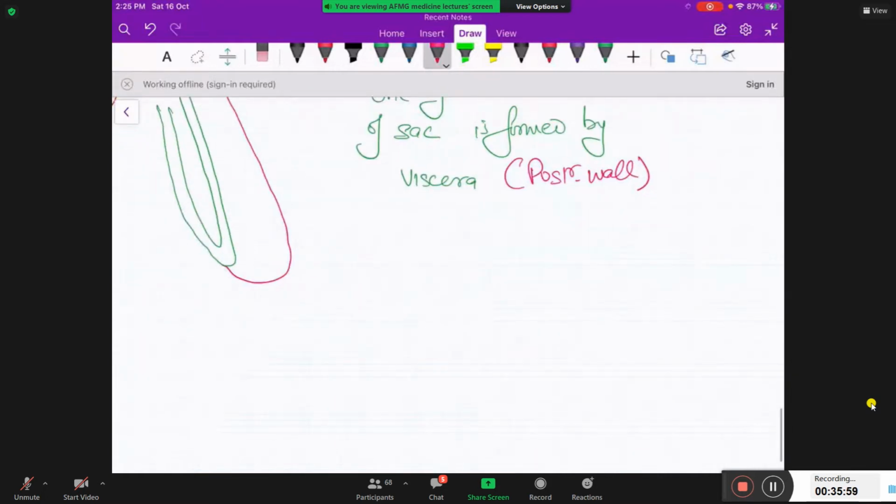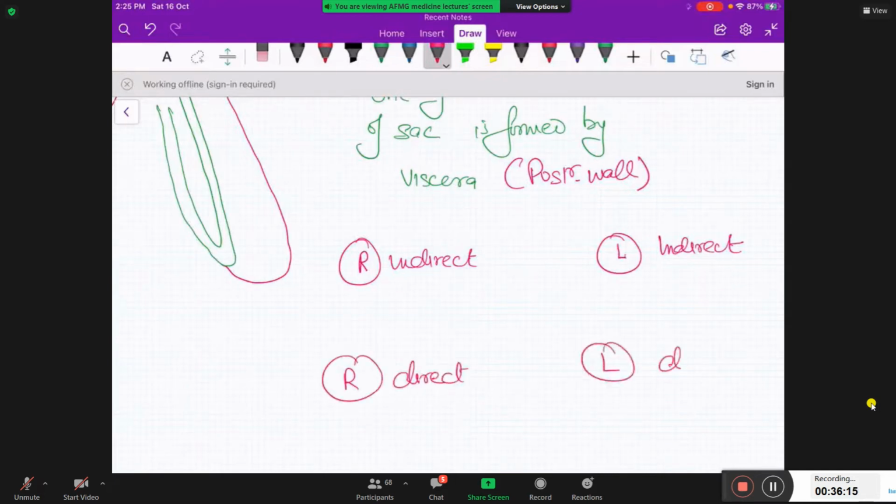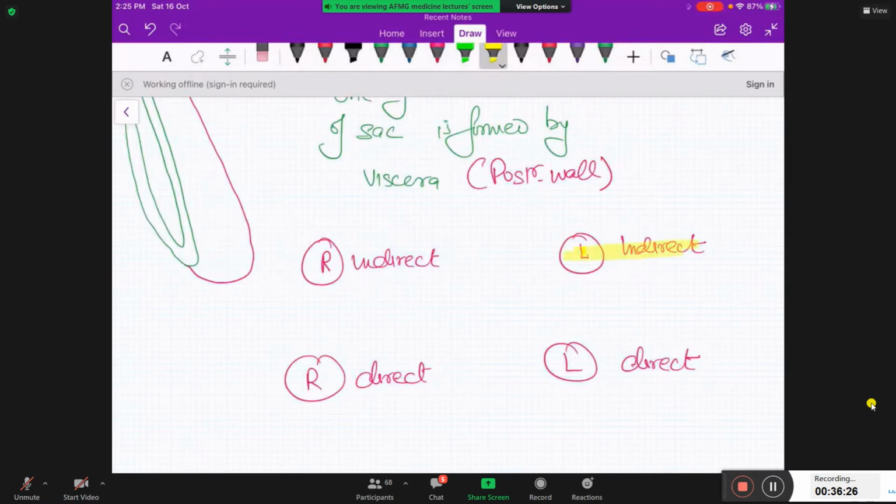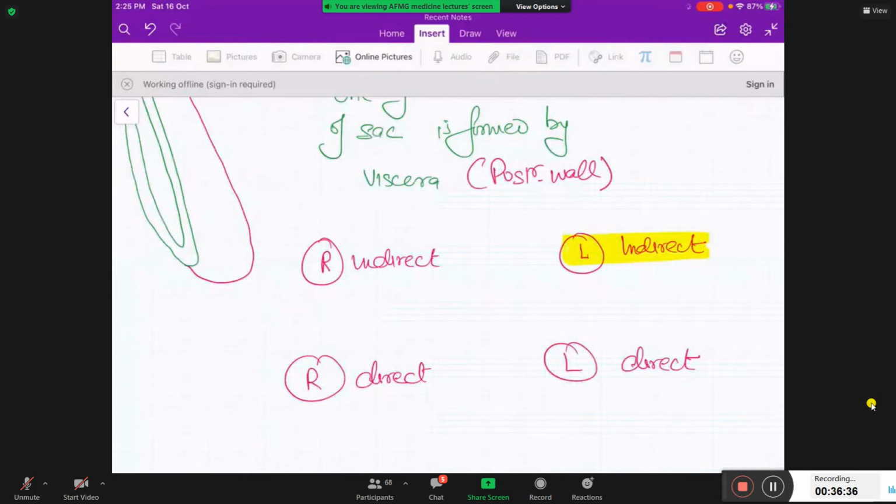This sliding hernia can be right indirect sliding, can be left indirect sliding, can be left direct sliding. Out of these various types of sliding hernias, more common is the left indirect sliding.